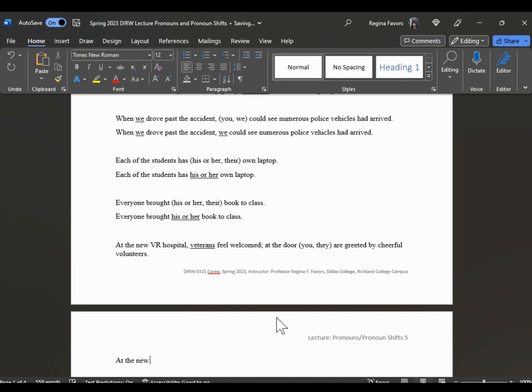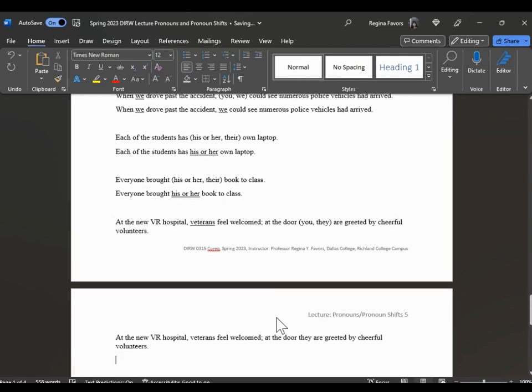So at the new VR hospital, veterans feel welcome at the door. They are greeted by cheerful volunteers. Okay, and that keeps that in plural form, third person. Veterans is in plural form, and they correspond to each other.